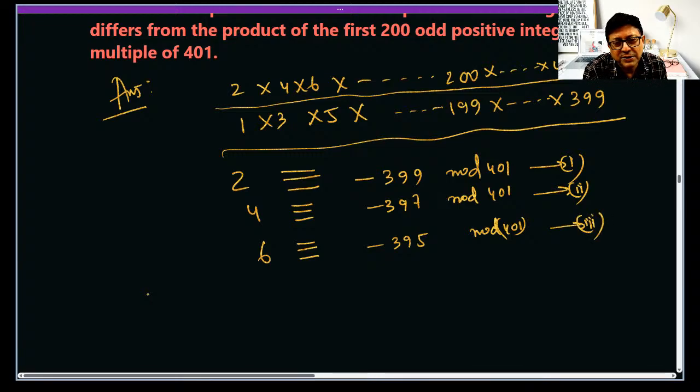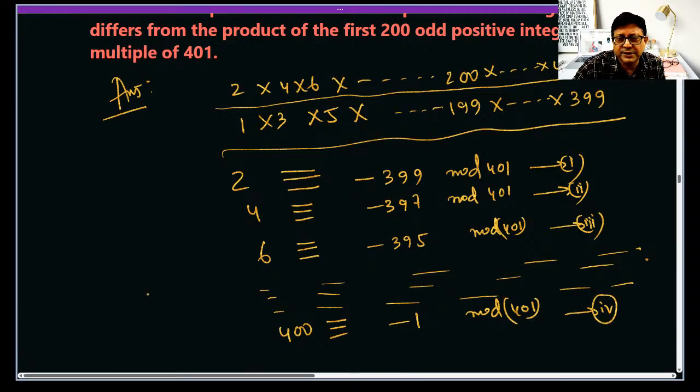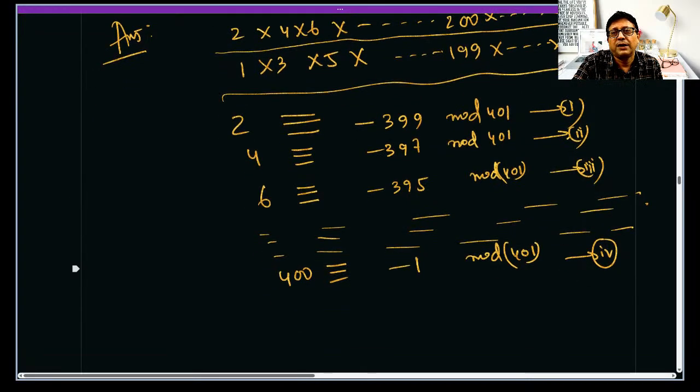Number 3, we cannot write all this manner. Let us complete here. 400 congruent with minus 1 mod 401. You agree or not? This is correct.